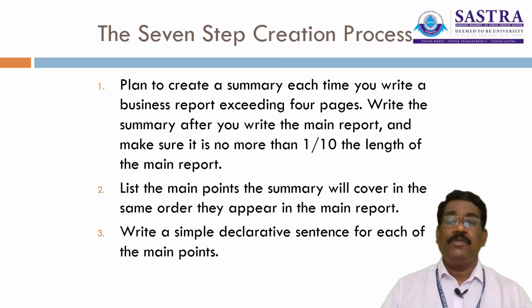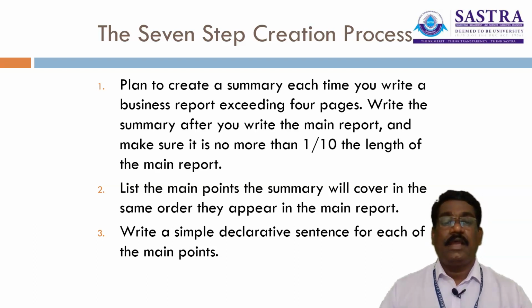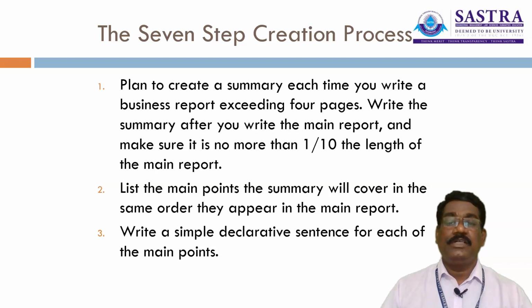Let me give you a very brief 7-step creation process of an executive summary. The first step is to make a summary. You write a business report not exceeding 4 pages. Make sure it is no more than 10 pages for a main report.